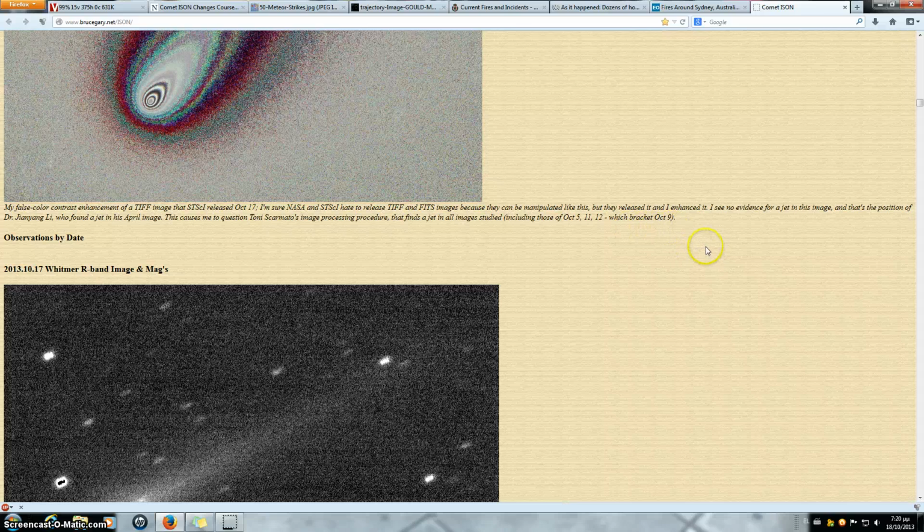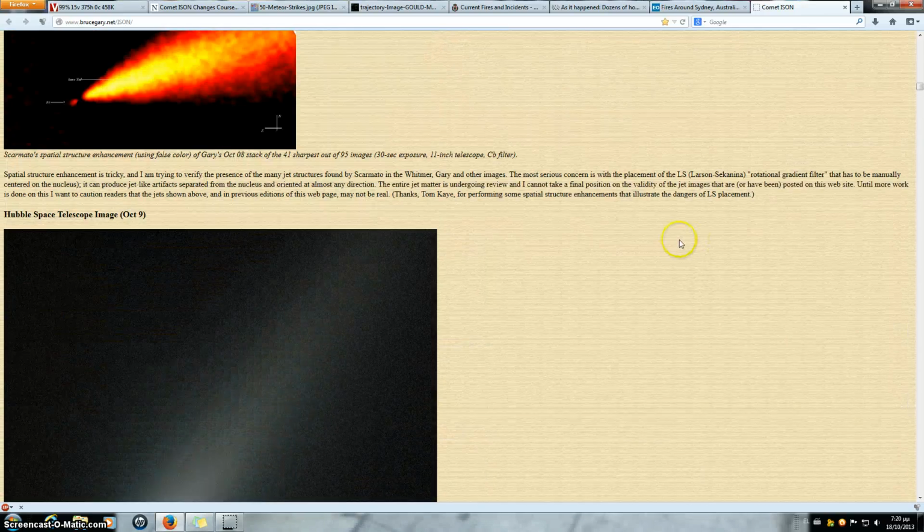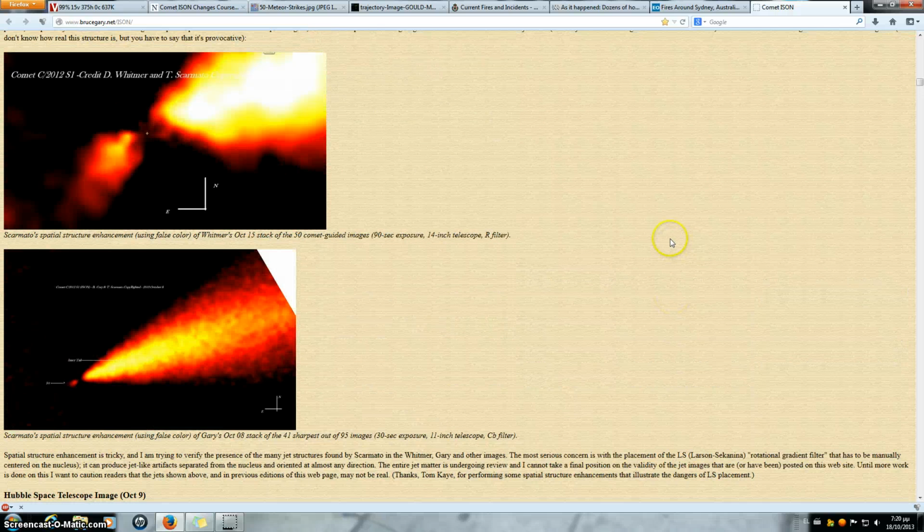Okay, so apparently now Gary is questioning the front-facing jet. Of course, I have maintained from the beginning that that is impossible because it defies all laws of physics. That means that this comet would not be tumbling through space. It would not be rotating. It would just be flying through space, and that would be pretty much impossible.